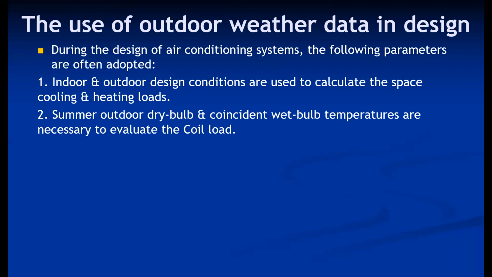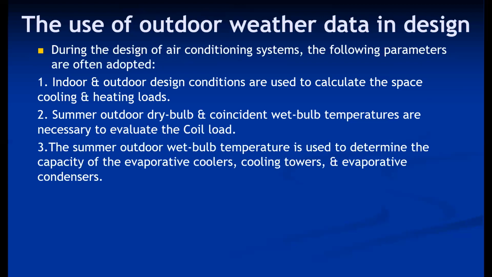Also, to evaluate the coil load, the ventilation load and infiltration load are the major loads, so the outdoor condition affects that particular load. So even a coil of the same capacity performs differently in different climates. That is where it is helpful.